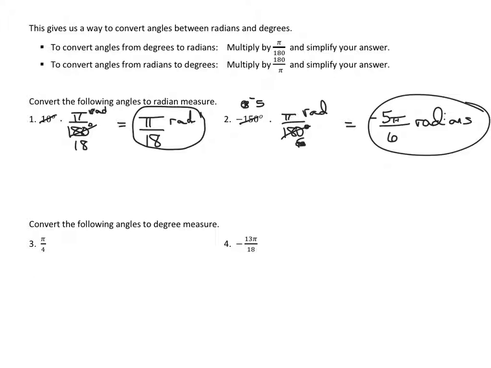Okay. Now let's look at the next example. We're going to go backwards. If I give you radians and I want to go back to degrees, it's just the reverse. You multiply by 180 over pi. So to convert pi over 4, we're going to multiply by 180 over pi. Now think about it. We're converting again. Our goal is we want our degrees to be in our answer. So if you notice, the pi and the pi, those are radians. Those need to cancel out.